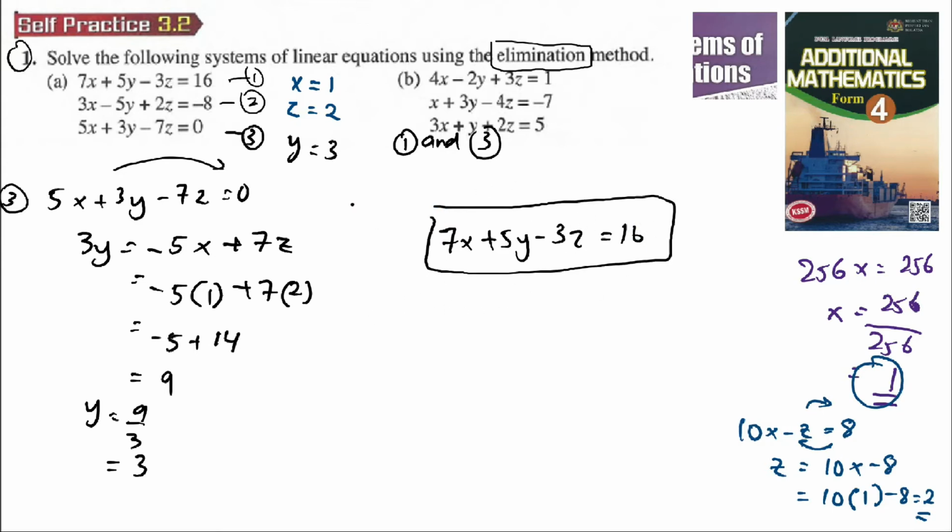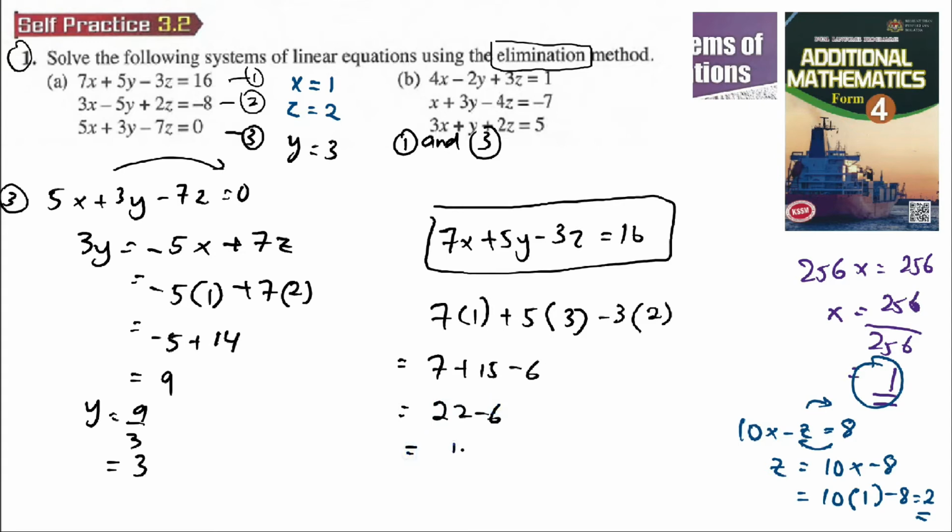So try substituting with the values that you get. So 7 plus 5 times 3 minus 3 times 2. So here you get 7 plus 15 minus 6. So 7 plus 15, you get 22 minus 6. So here you get 16. So this is correct. So the answer here is correct.